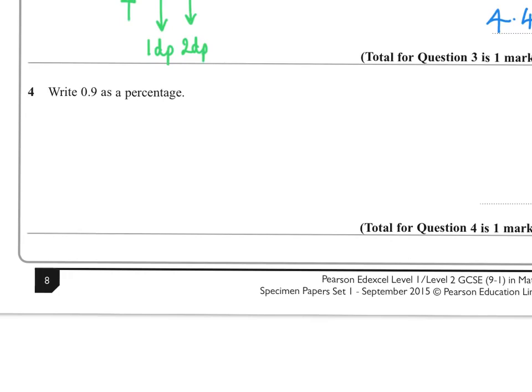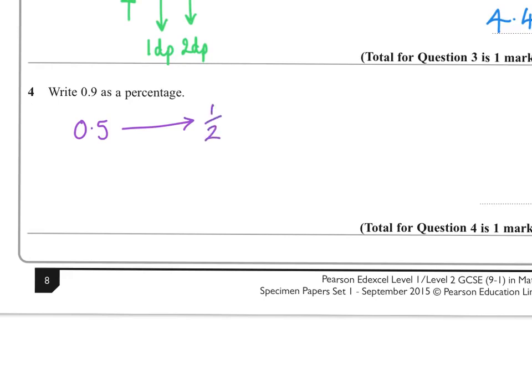Question 4. Write 0.9 as a percentage. Well, a nice starting point here, if I was explaining this to someone, would be to say, what do you think 0.5 is? And a lot of people would agree, and hopefully you too, you would say, well, that's a half.